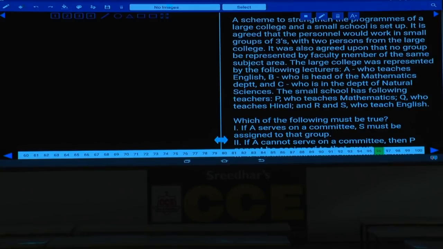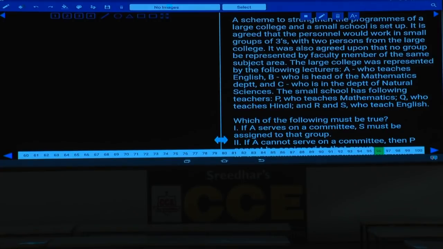Isn't it? How many from among these 3 persons? 2 persons from the college and 1 person from the school. Then with the 2 persons from the large college, it was also agreed upon that no group be represented by the faculty member of the same subject area. Now we need to take care of this one.